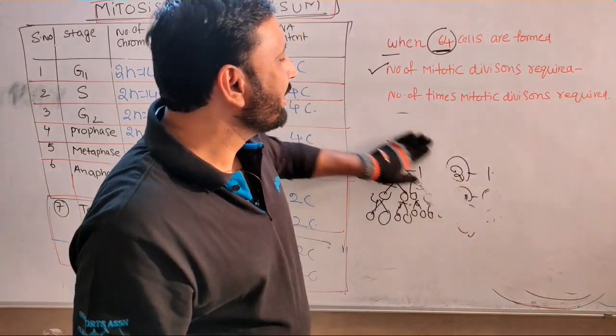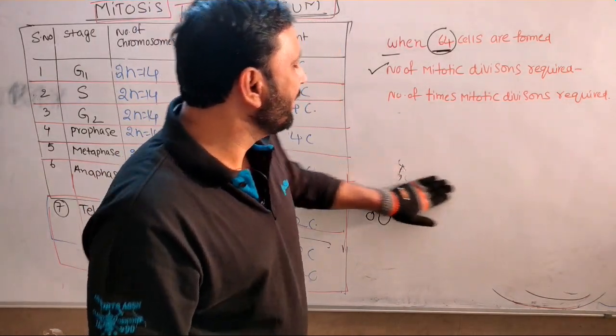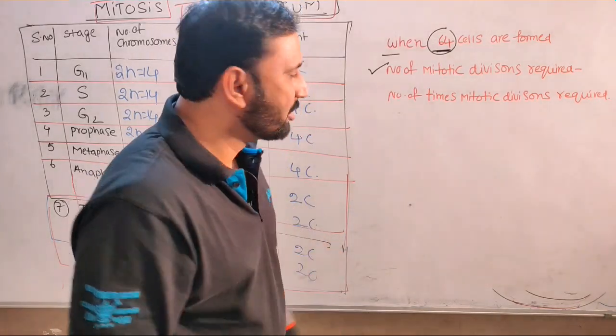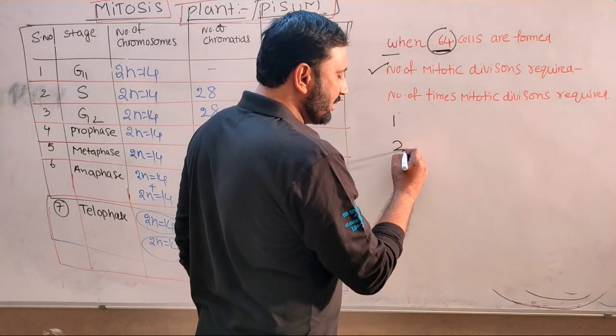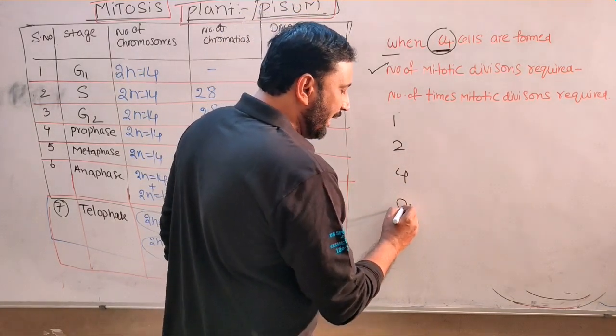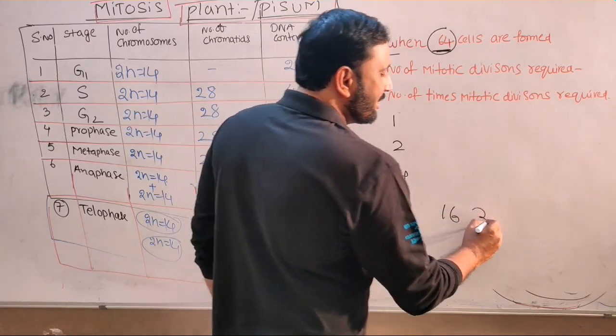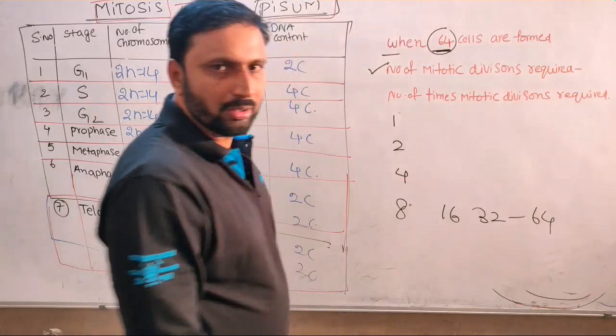Then mitotic times. How many times mitotic divisions, or number of generations? Suppose you look at here, one cell divided into two daughter cells, two divided into four daughter cells, four divided into eight, 8 becomes 16, 16 becomes 32, 32 becomes 64.